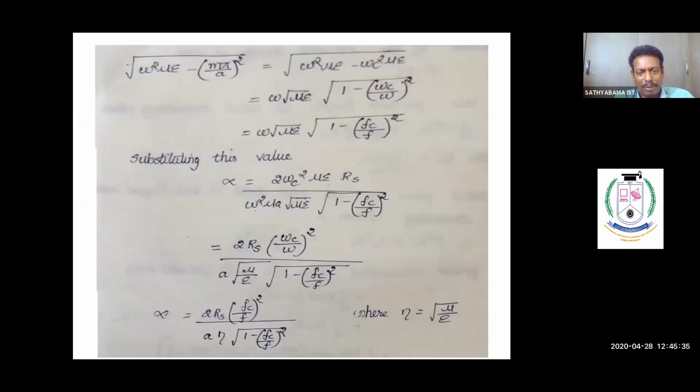Looking at this expression, the cutoff frequency is decided by two factors. One is the value of a, the spacing between the top and bottom plates, as well as the width. So the dimensions of the conducting plates, the spacing between them, and the frequency are the three deciding factors for the cutoff frequency of a particular waveguide.